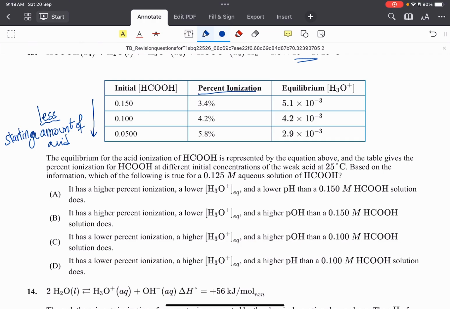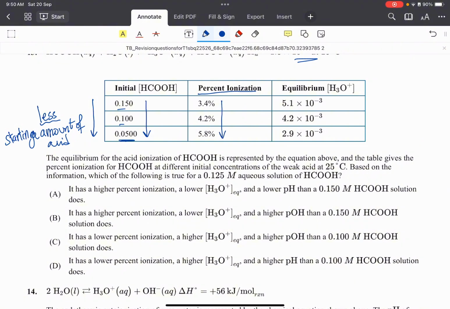Pause the video and hear again what I said. Because the acid quantity is now even less, the portion ionized compared to the starting quantity is more significant. It's not because the acid became weaker. The quantity is less, but when I compare a less quantity, the small amount that ionized became more significant.